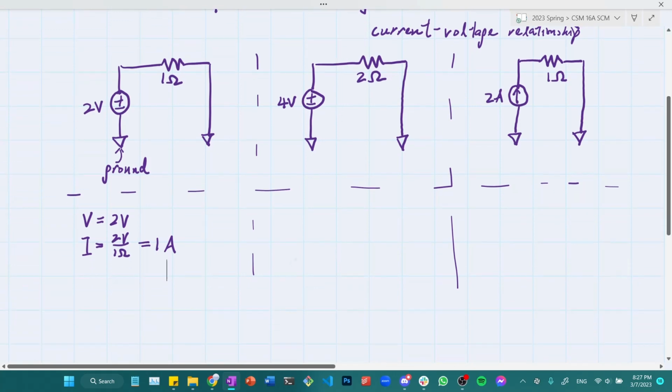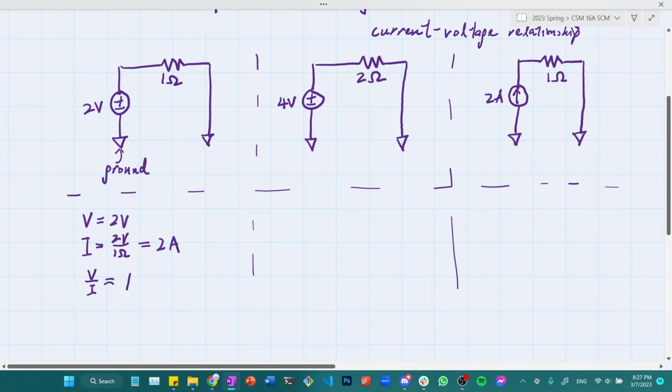So the general IV relationship is the ratio at which voltage passes against current. So for every volt that passes through the circuit, 1 ampere of current is produced, which means the IV relationship is actually 1.